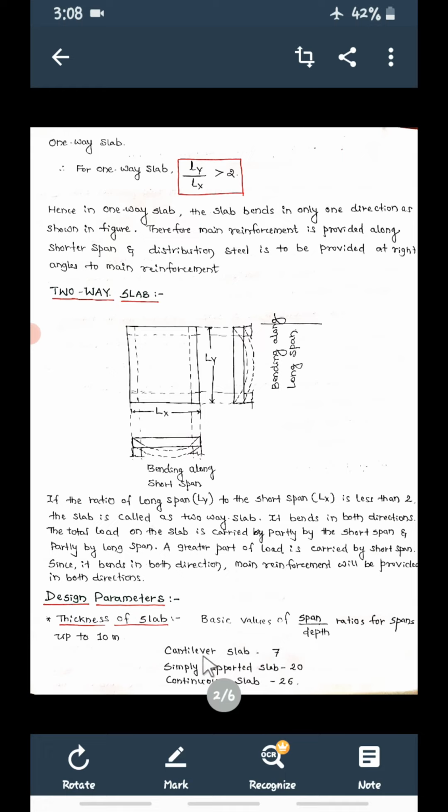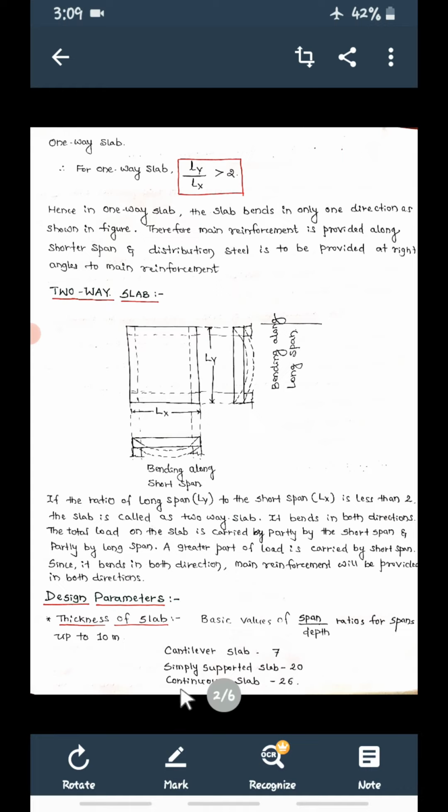Similarly, the same table holds good here. If you are designing a cantilever slab, take span by depth ratio 7. If it is a simply supported slab, span by depth ratio will be 20.